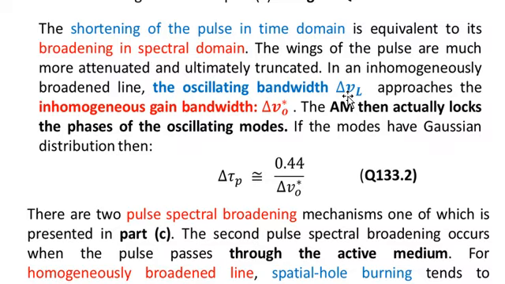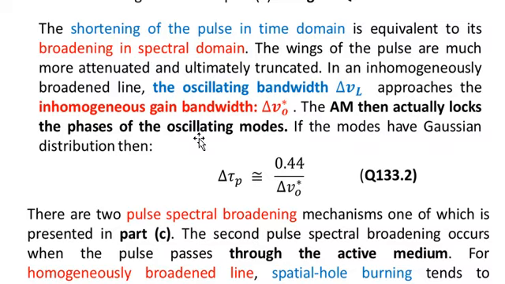So in an inhomogeneously broadened line, delta nu L will approach the value of delta nu naught star. The amplitude modulation then actually locks the phases of the oscillating modes, because when these two quantities are nearly equal to each other, it means that the amplitude modulator locks the phases of the oscillating modes.